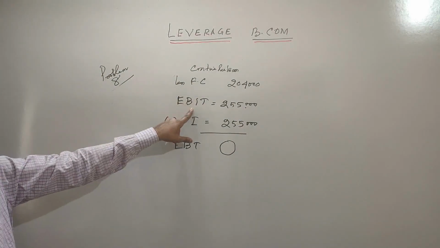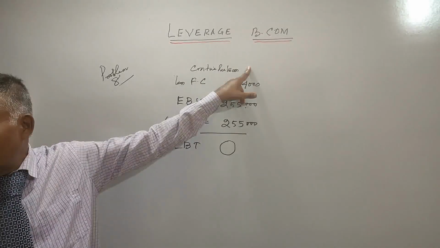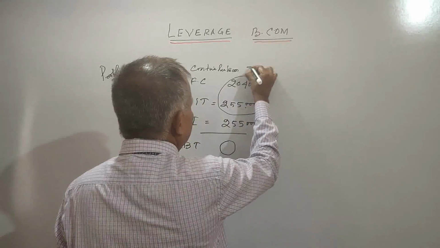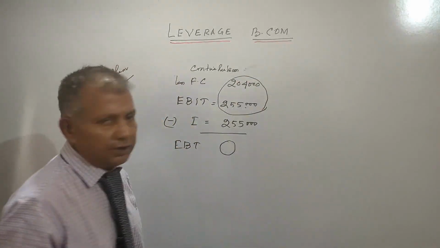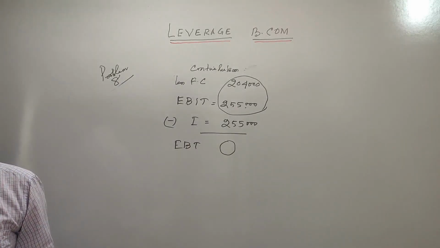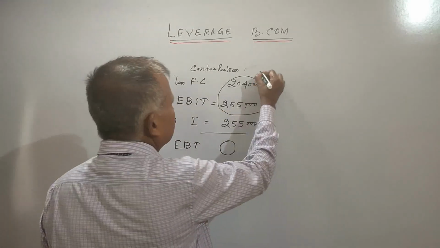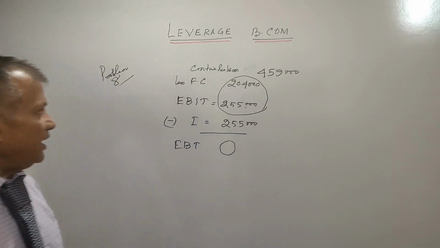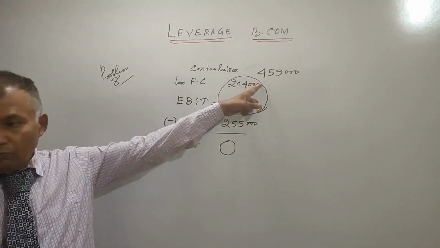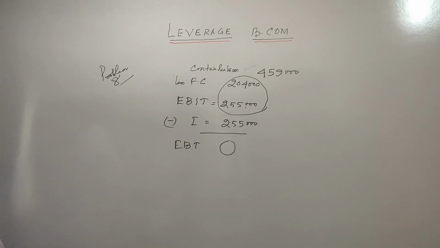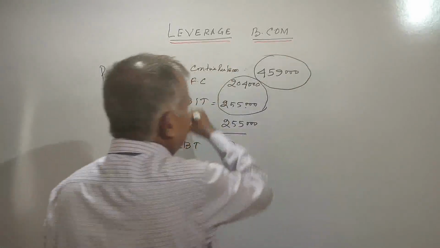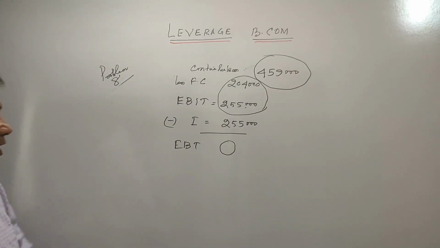So fixed cost plus EBIT will give you the contribution, that is 4,59,000. So friends, if we have a contribution of 4,59,000, our EBT will be 0.